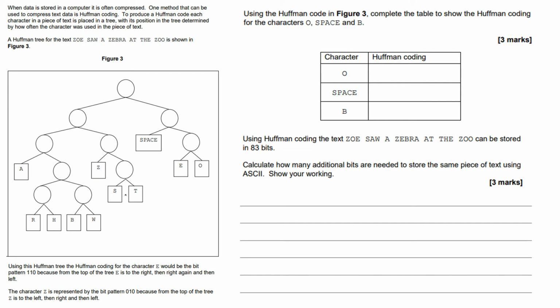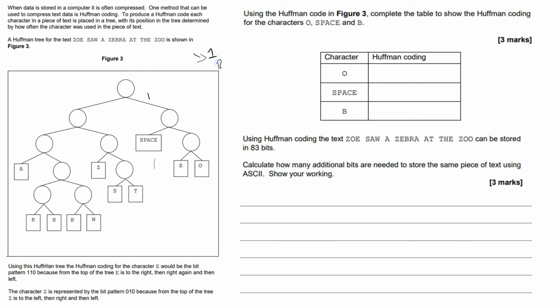So it gives you the Huffman tree in the exam paper. Using this Huffman tree, the Huffman coding for the character E would be the bit pattern 110. So let's just see what they've used here. They've gone right and they've used 1 for right, because you don't have to do that, but that's just the standard.